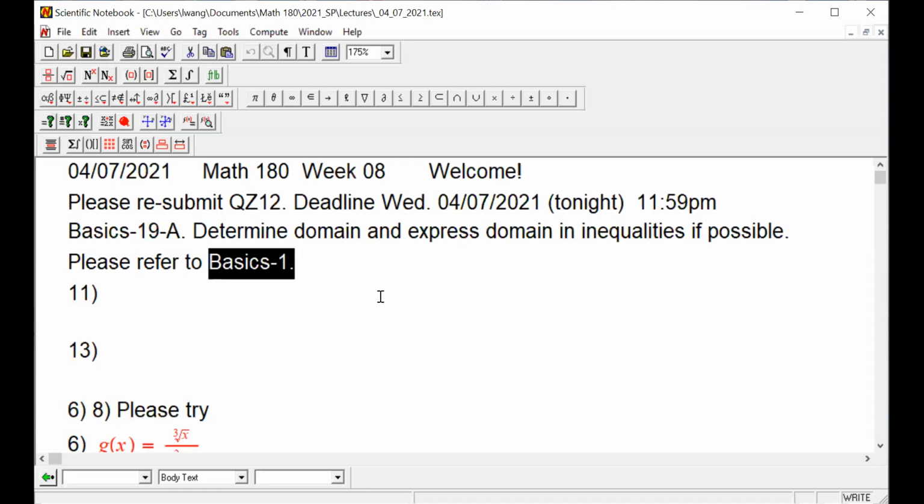But if you don't use my notes, you can just go to any intermediate algebra textbook and pick up those operations on roots, or when the exponents are fractions, which students are often very confused about.